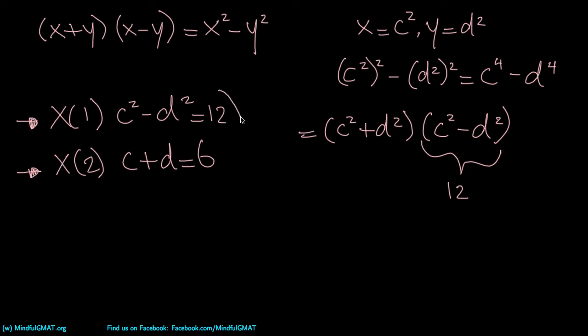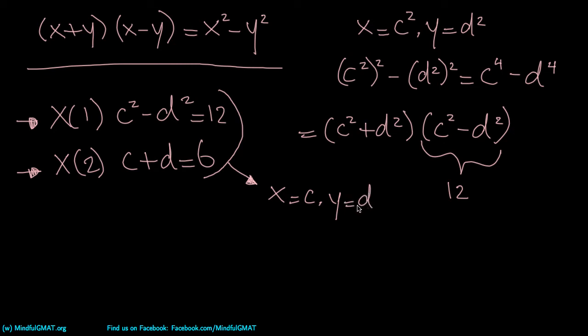Now let's combine both pieces of information and let's see what we can do then. Again, we can make use of this mathematical property, and now we say, okay, suppose that x is c and y is d.